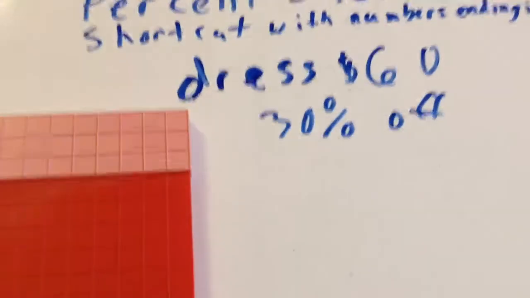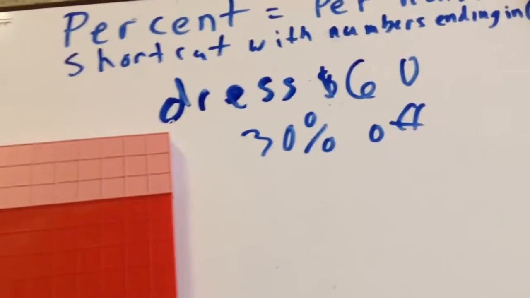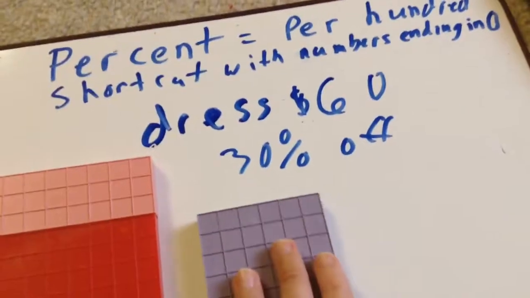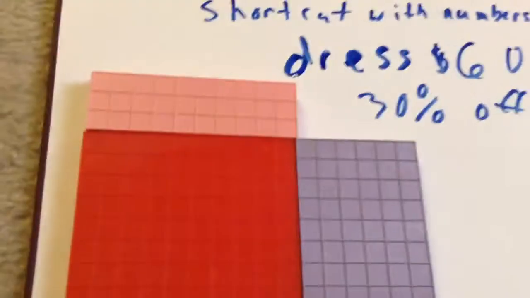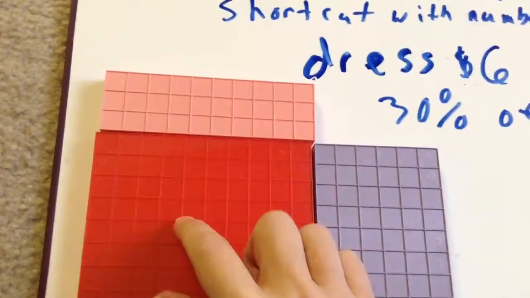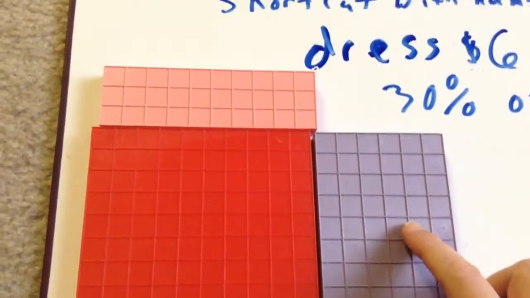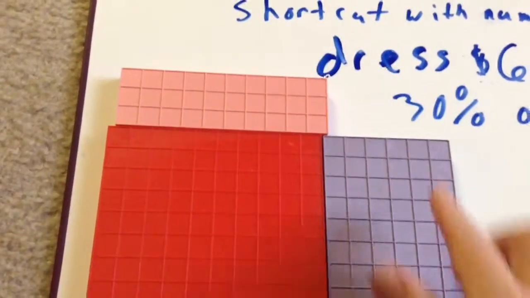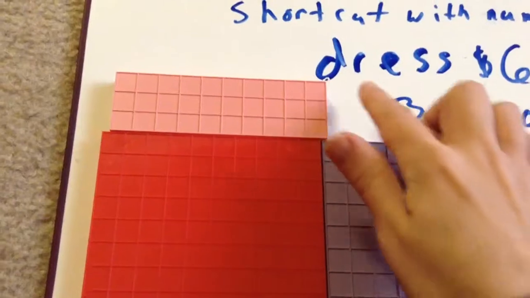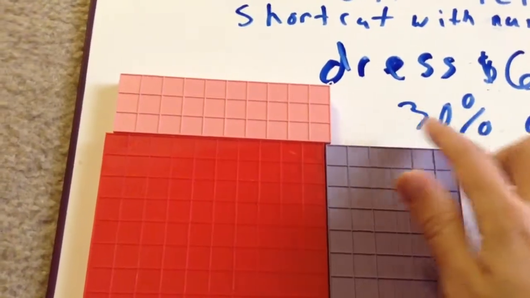And then we know the dress is $60, so we're going to put this block over here. Okay. So what this shows is we have 30% of 60. Okay. And now we just fill this rectangle in. This is going to be a rectangle, so we need to fill in these missing parts right here.